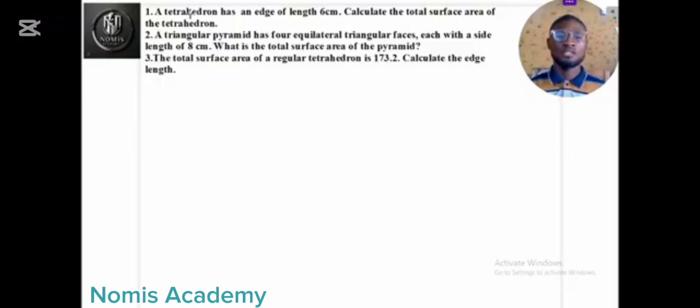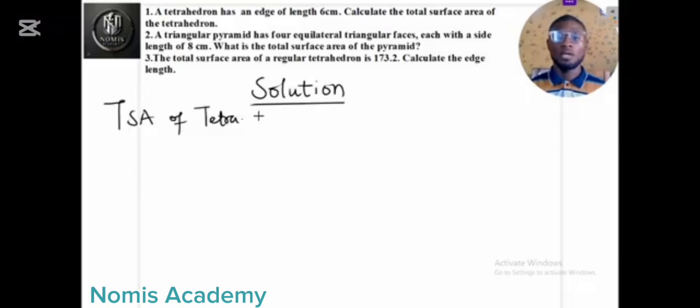Question number 1 says a tetrahedron has an edge of length 6 cm. Calculate the total surface area of the tetrahedron. So let's go into the solution. Having known that total surface area of tetrahedron is equal to root 3 multiplied by L squared, L has been given, so we say root 3 multiplied by the L, which is 6 centimeter.